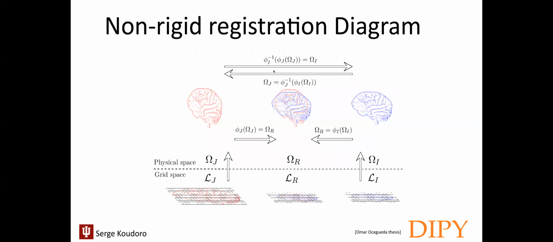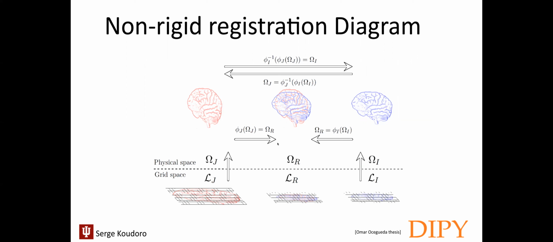So to remind you what a non-rigid registration process is, here is the diagram. The goal of brain image registration is to compute the transformation phi, such that our image I is as similar as possible to our image G. Of course, we need a similarity metric that will give a score on how similar the data are.